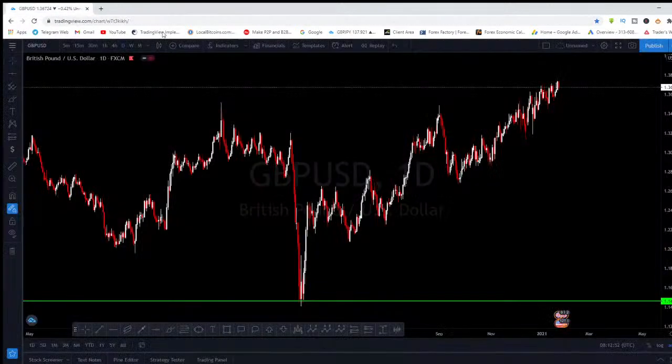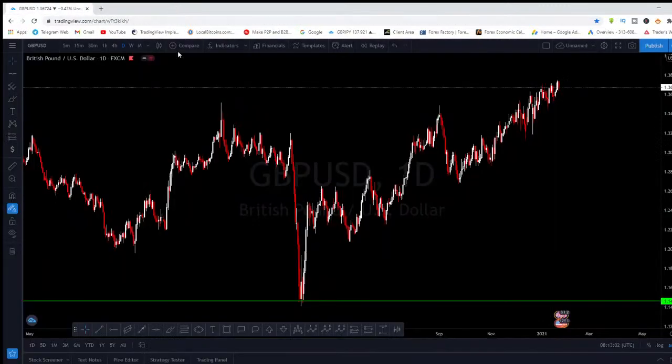Oh my goodness, I don't know what's going on with TradingView today. You guys see that? Okay. Wow, if I click on it, it doesn't bring the horizontal line anymore.